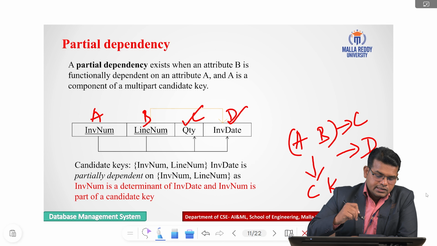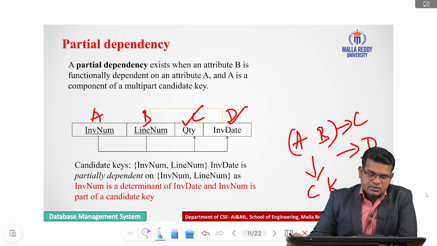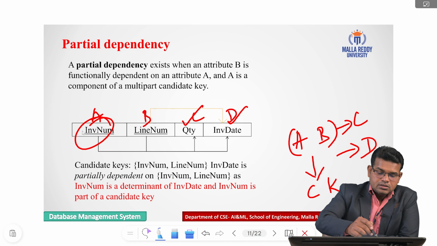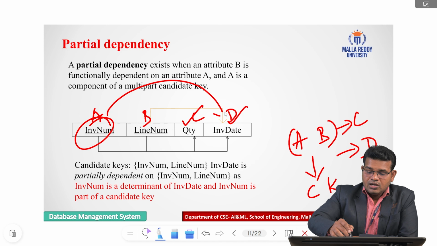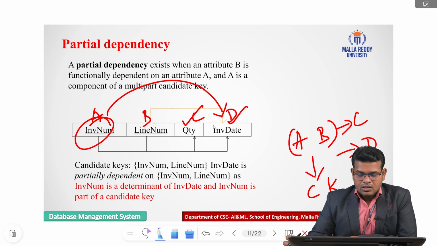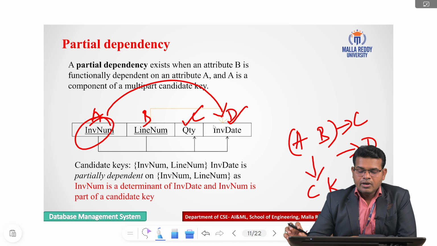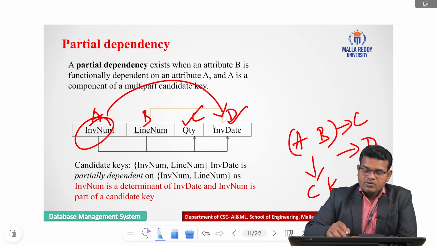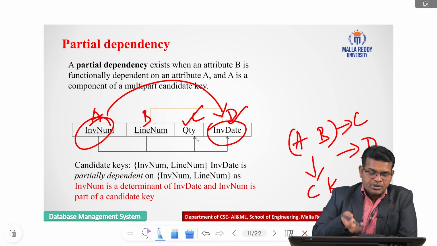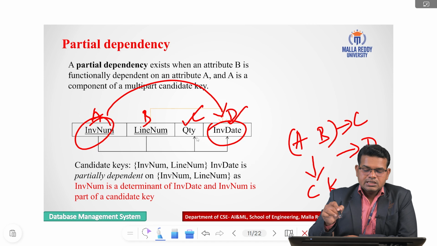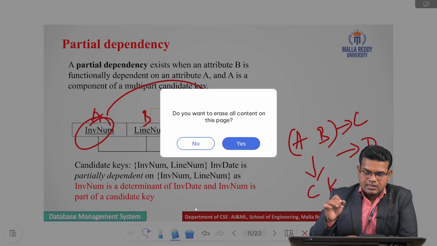Here in our example, inventory number is the determinant of inventory date. That means inventory number is partially determining inventory date, so inventory date is partially dependent on inventory number. So we say that there exists partial dependency here.